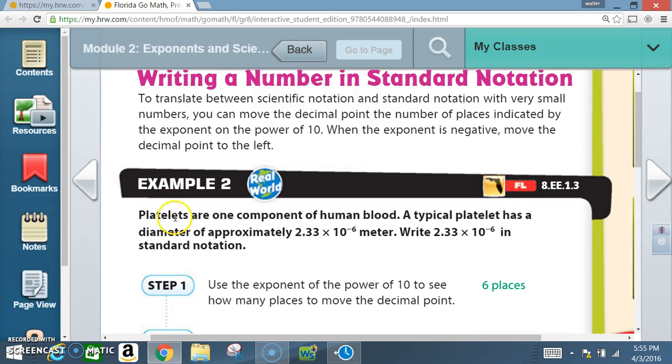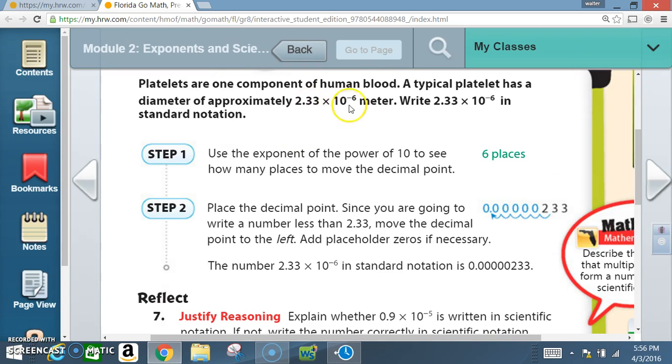Example 2. Platelets are one component of human blood. A typical platelet has a diameter of approximately 2.33 times 10 to the negative 6 meter. Write 2.33 times 10 to the negative 6 in standard notation. All right, as soon as we see times 10 to the negative 6, we realize that it's going to be a number less than 1.